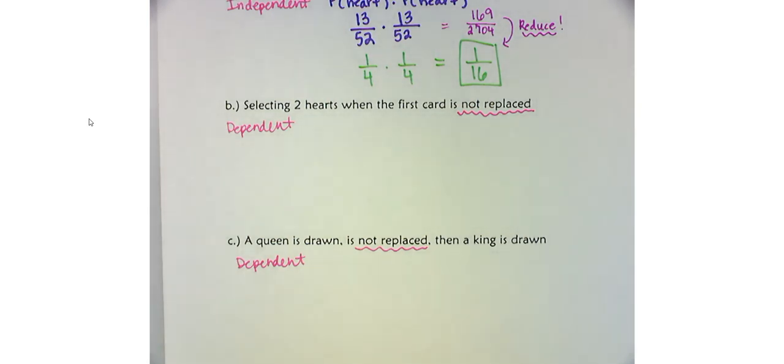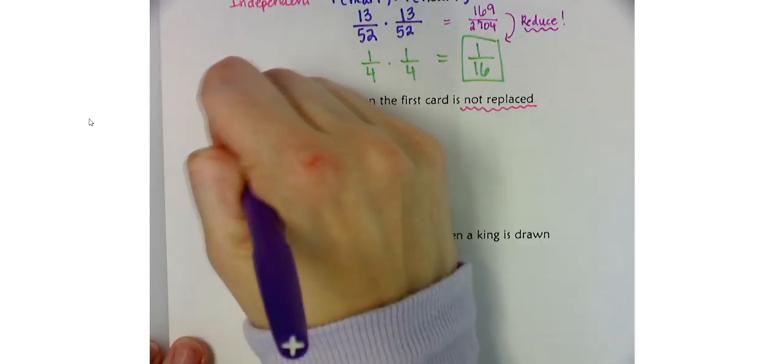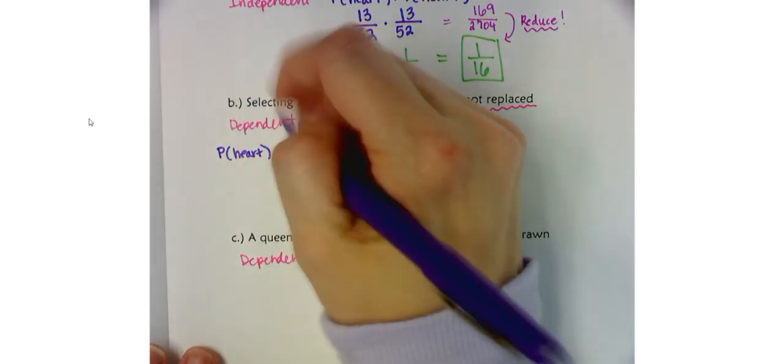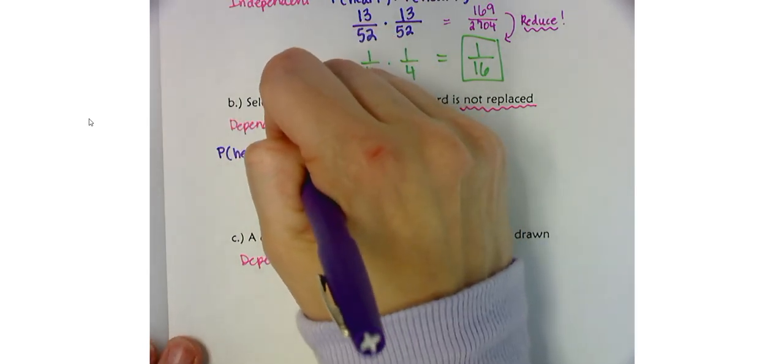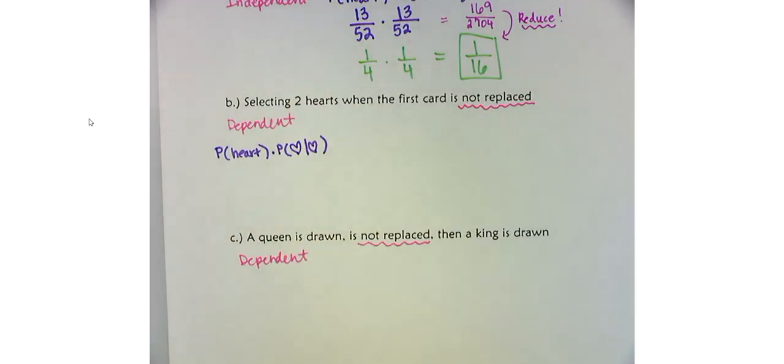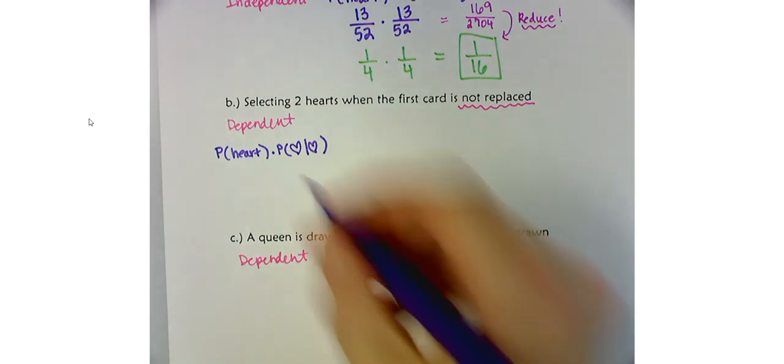Okay, so really, if you are thinking about this from a logic standpoint, let's think about the first one. We already know the probability of drawing a heart is what? Yep, 13 out of 52, which we are going to reduce to 1/4. And then the probability of drawing a heart when a heart is already drawn, well, if you drew a heart first, the total number drops down to what? 51.